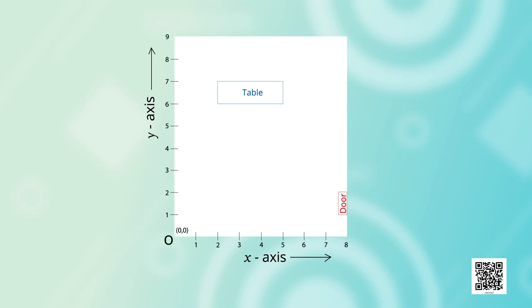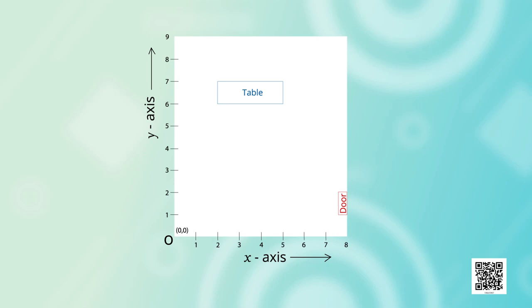With the help of chalk, she marks one corner of the room as 0, 0 and equal marks along x-axis as 1, 2, 3, 4, 5, 6, 7, 8 and similarly along y-axis 1, 2, 3, 4, 5, 6, 7, 8, 9. So, the length and breadth of the room are acting as positive coordinate axes.